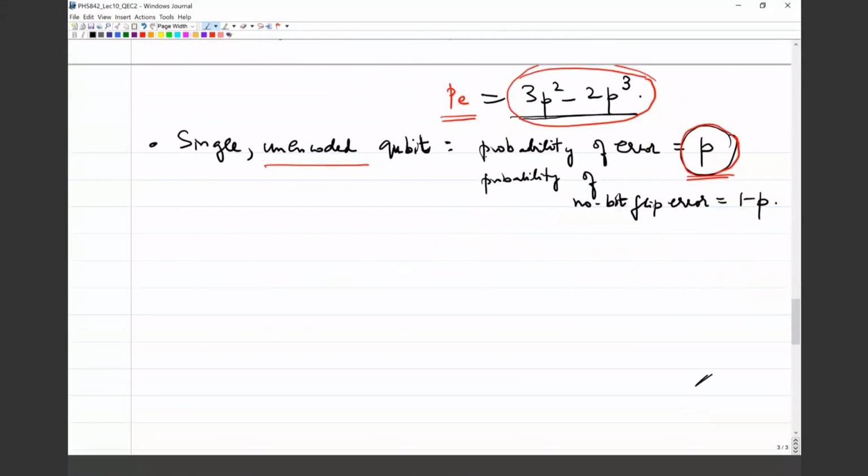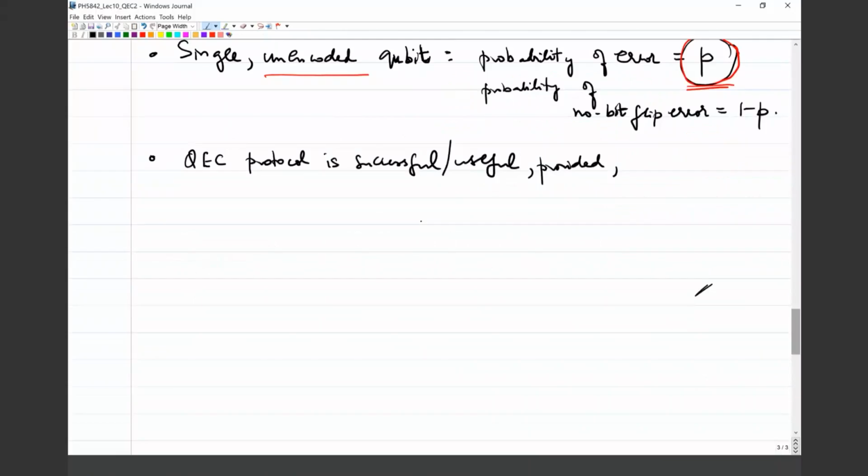Let me say that the code, or the QEC, is successful or even useful, provided this encoded error probability is less than p. p is often called the physical error probability.